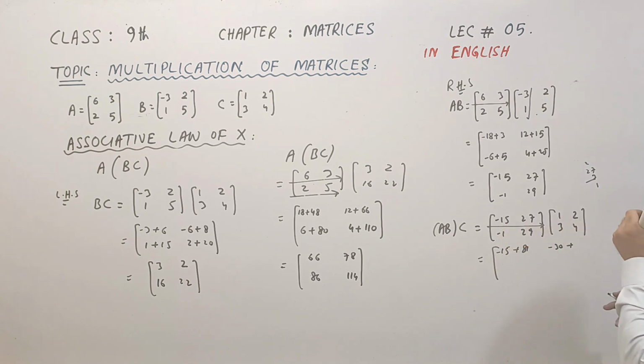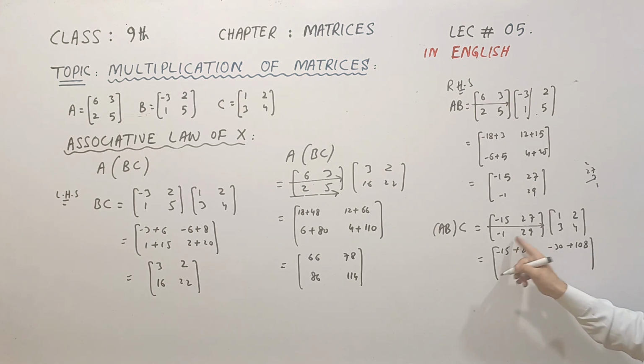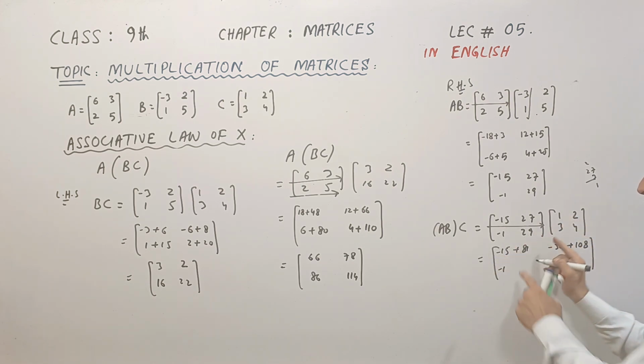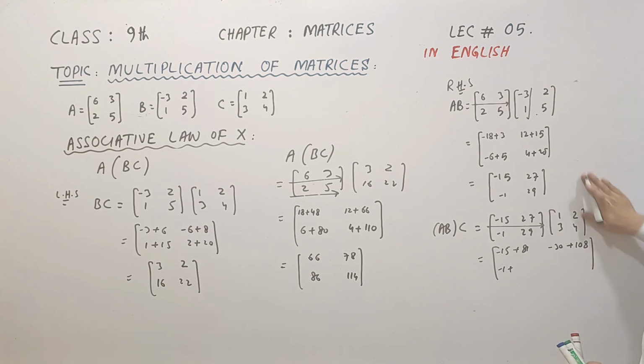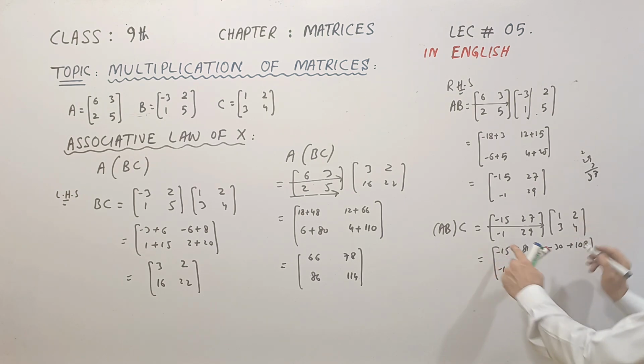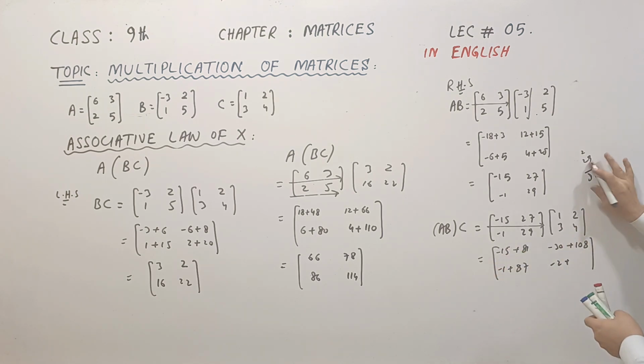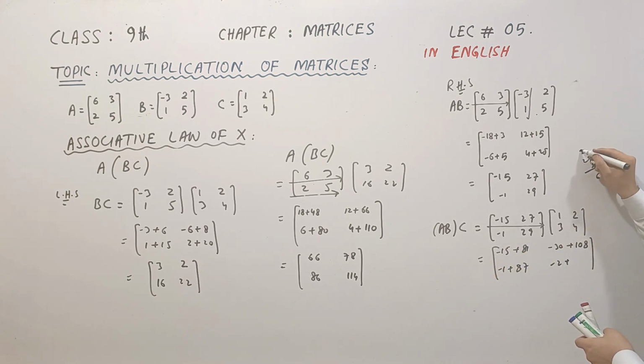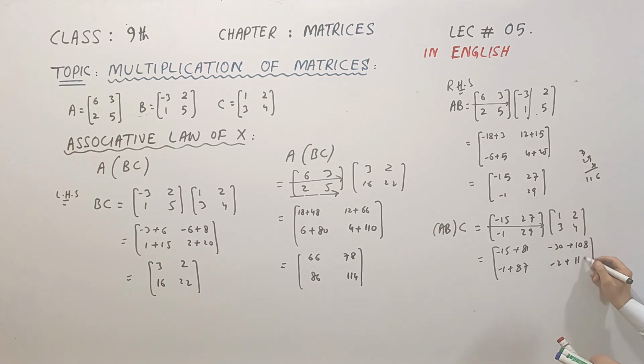Minus 30 plus 27 times 2, 54, 108. Now, students, minus 1 plus 29 multiplied by 3, 87. These two, minus 2 plus 29 multiplied by 4, 116.